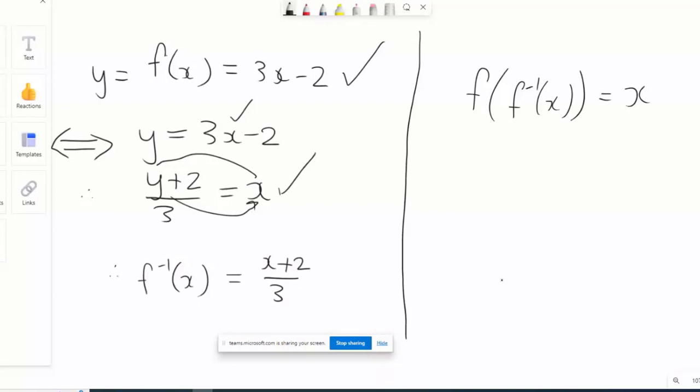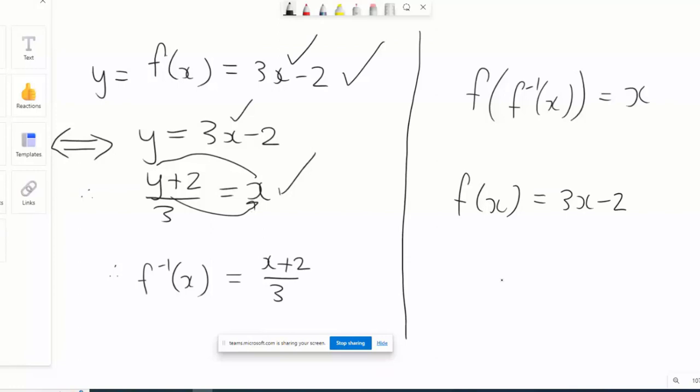So we had f of x equal to 3x minus 2. Just erase that, sorry guys. I'm just double checking if our answer is indeed correct. So we had our original function, y equal to f of x equal to 3x minus 2.